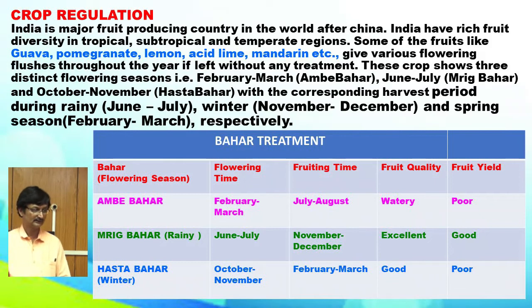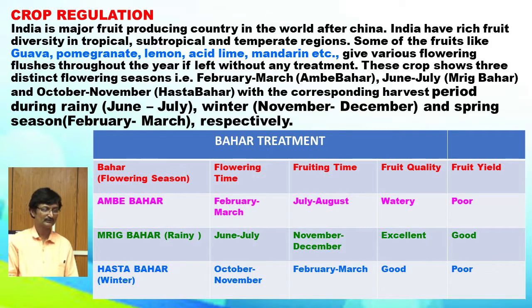Now crop regulation. It is a very important topic pertaining to guava and some other fruit crops. Actually, guava, pomegranate and citrus. In case of these fruit crops, they used to produce flowers continuously. So, if we take a crop from all the flushes, then the ultimate yield will be of poor quality and poor yield.